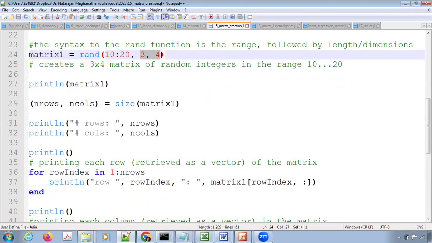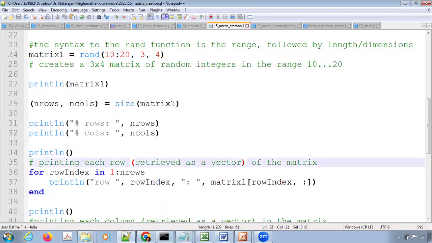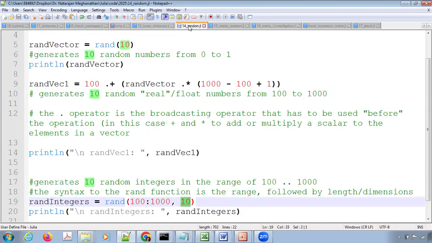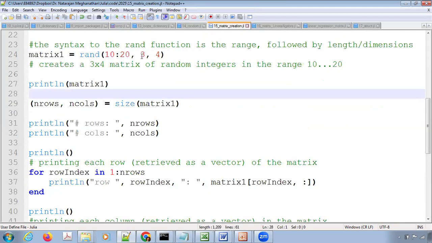If you remember, for the vector case, if you want to create a random vector of integers, the syntax is this. You have to specify the range and the number of integers you want in that vector. Same idea here: you specify the range and the size, but instead of 1 dimension, you specify 2 dimensions.